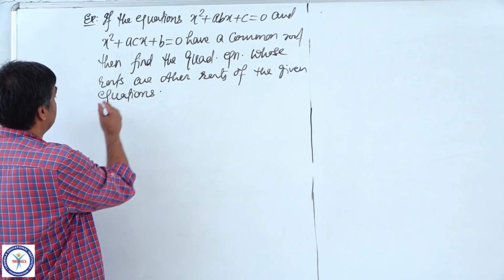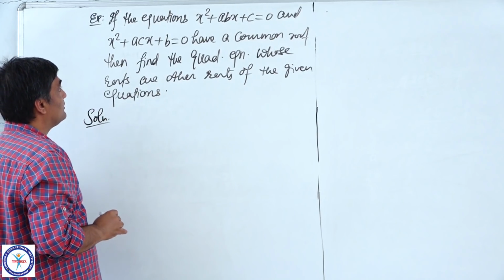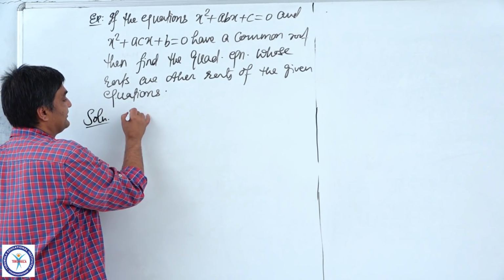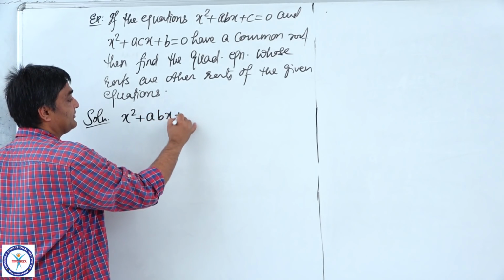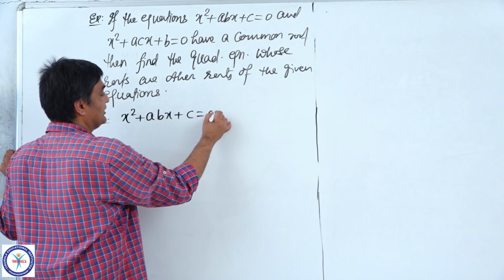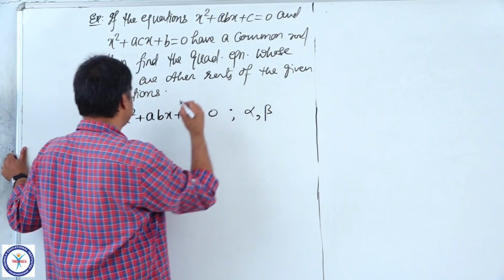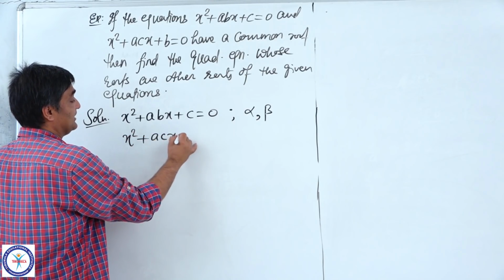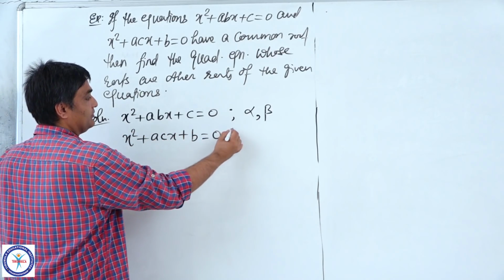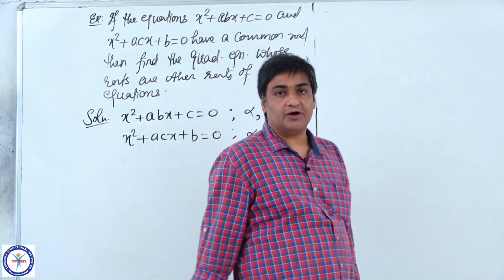See, x² + abx + c = 0, say roots are alpha and beta. x² + acx + b = 0, say roots are alpha and gamma.